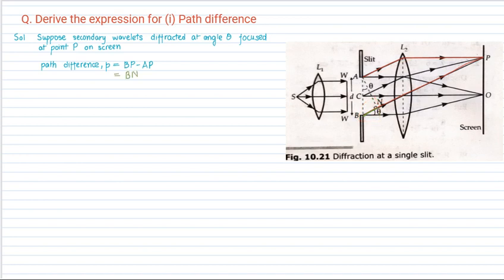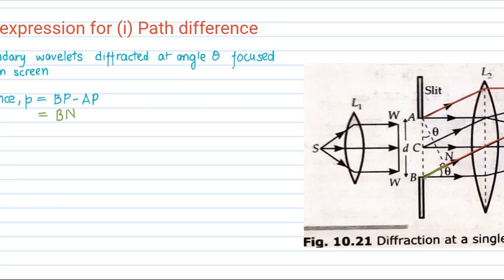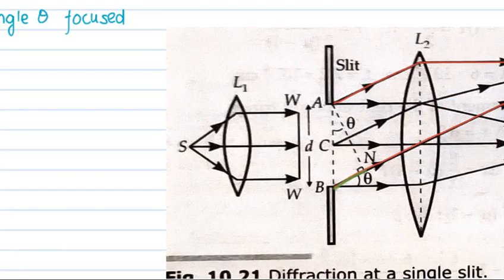Now let's focus on this triangle. Let me just zoom in here. Now, consider triangle ABN, this yellow triangle.